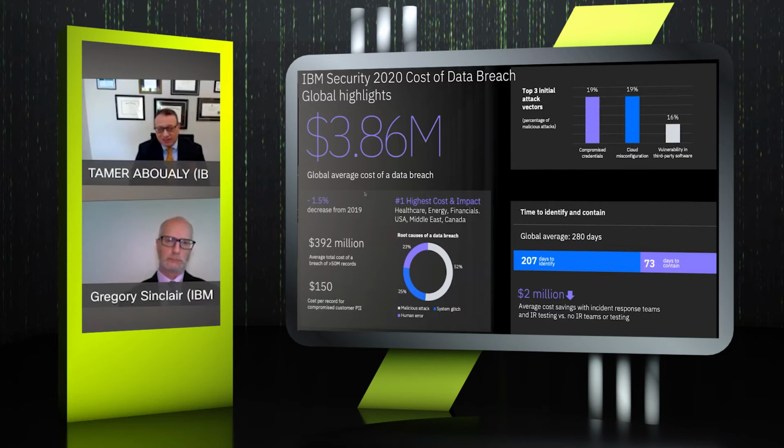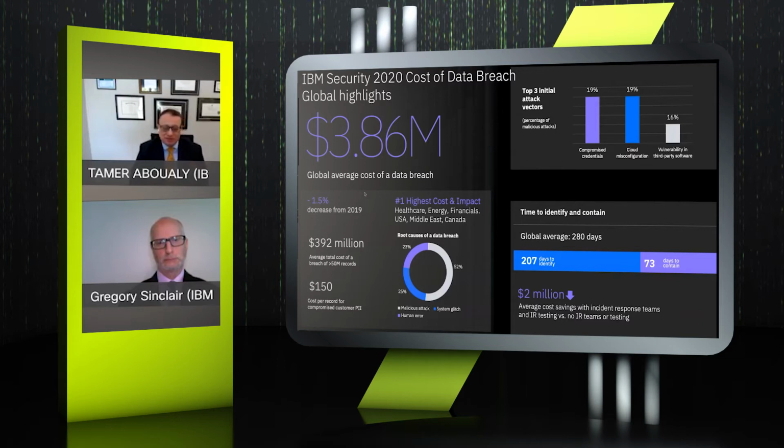As far as the attack vectors, well, these seem to be the same across many, which is compromised credentials, misconfigurations in cloud environments, and vulnerability in various types of software. I've investigated many breaches over the years across many countries, and the theme continues. Compromised credentials, misconfiguration, and using vulnerabilities in software that hasn't been patched.